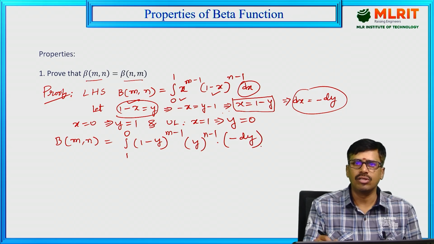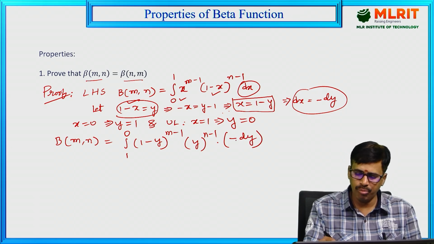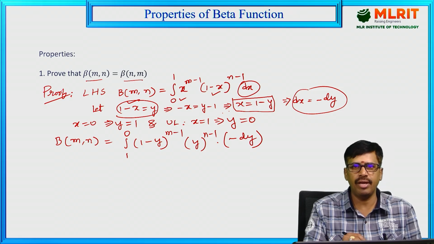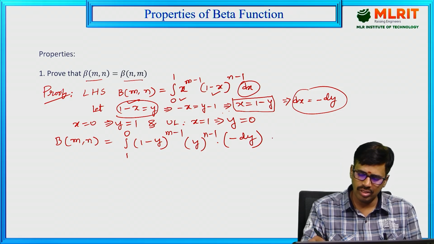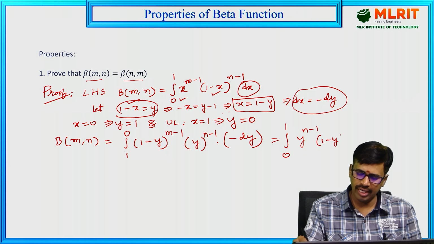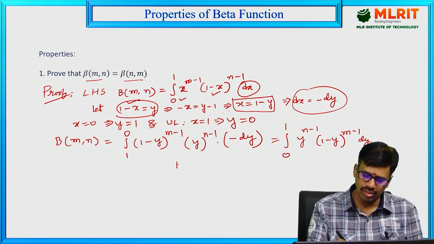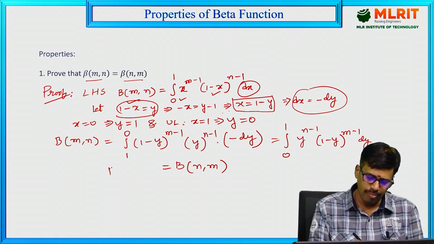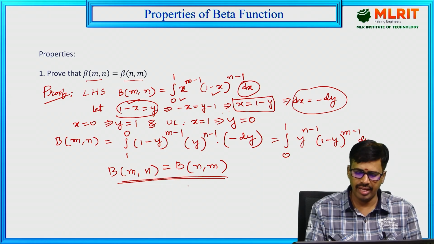Right? So, in this integral, if we remove this negative sign, the limits will be interchanged. So, this can be written as integral 0 to 1 y power n minus 1 into (1 minus y) power m minus 1 dy. So, this can be written as beta of n comma m. So, beta of m comma n is same as beta of n comma m.